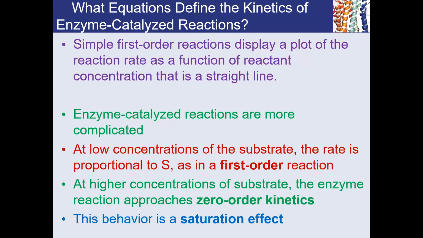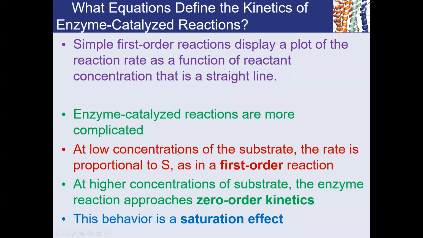It turns out that enzyme kinetics is different. Okay, if you had a simple first order reaction, right, your reaction rate versus the reactant concentration will be a linear straight line, right? But it turns out that enzyme catalyzed reactions are a little more complicated. Very, very important to pay attention.